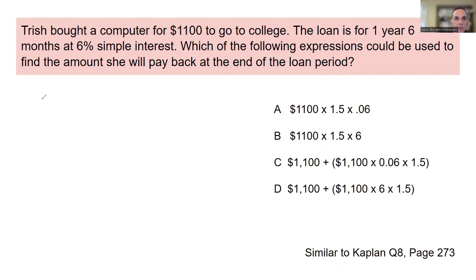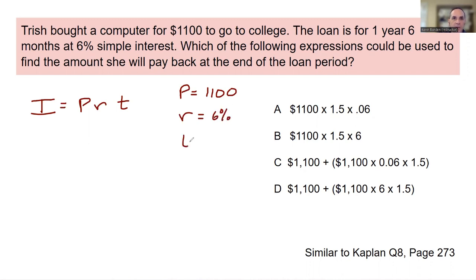All right, here's our solution. Interest equals P times R times T. It looks like the principal is $1,100. That's how much she bought, or the loan was. And the rate is 6%.